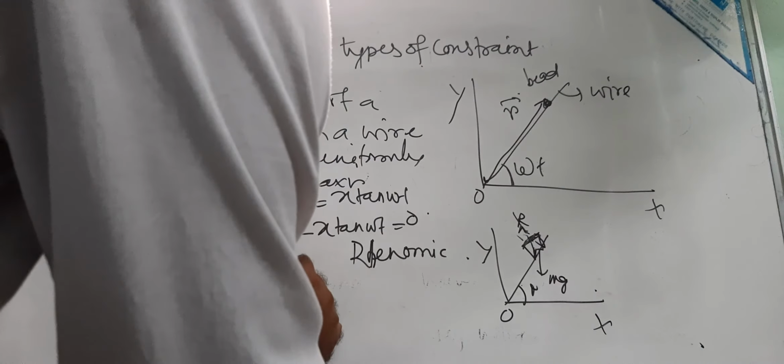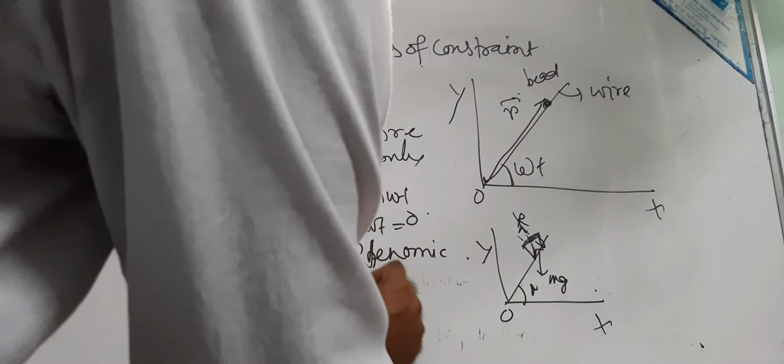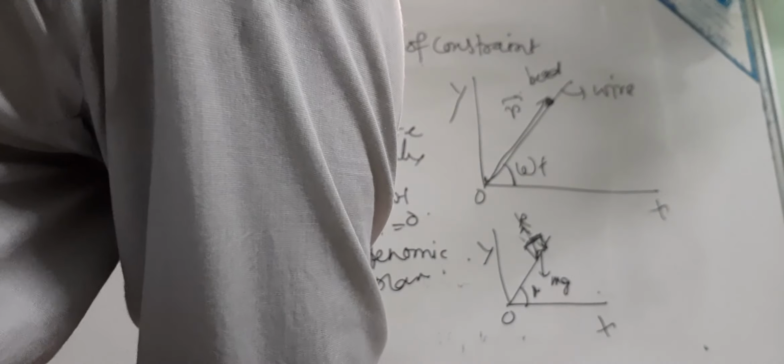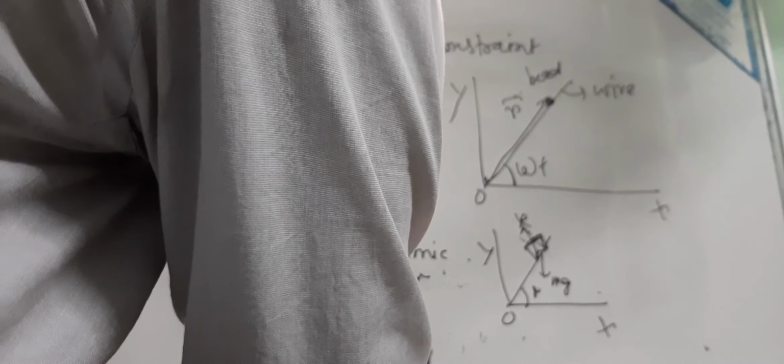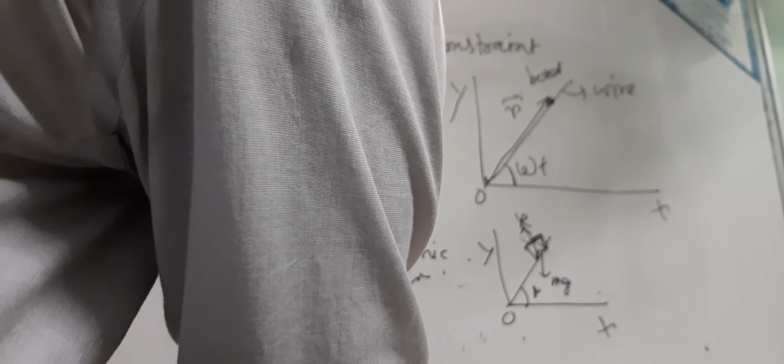This angle is theta. So it is a body sliding on a smooth inclined plane, so y equals x tan theta, that is, y minus x tan theta equals 0.